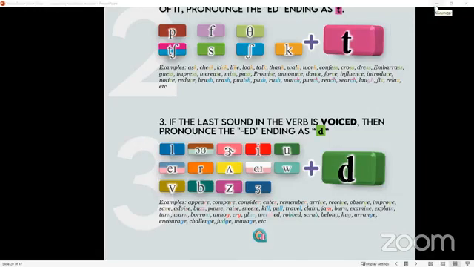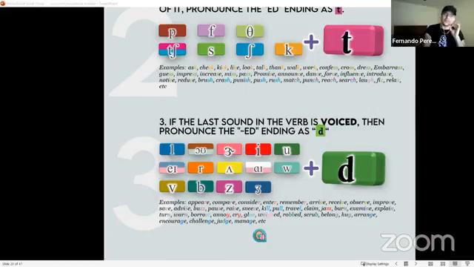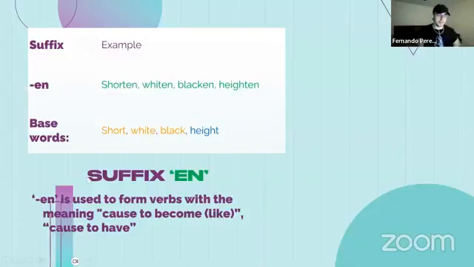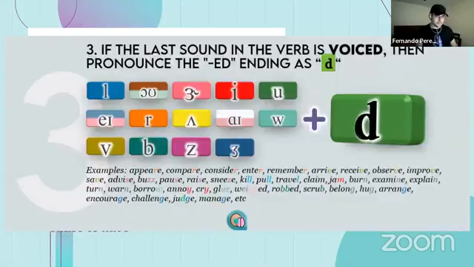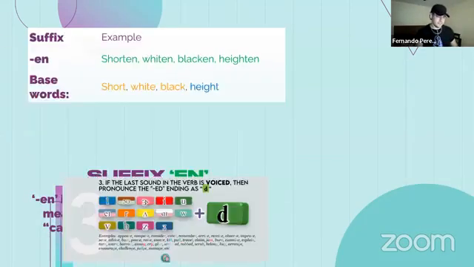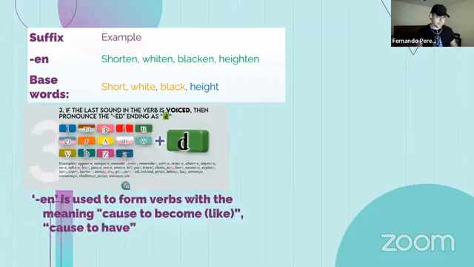Sharpens. That's it. Sharpen. Okay, this is rule number 3. You know, remember the rules of regular verbs. That's obviously very important for these pronunciations. Very, very important.